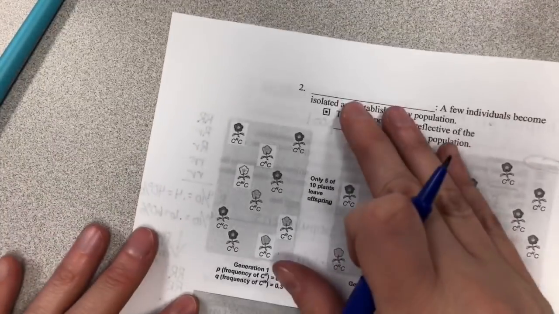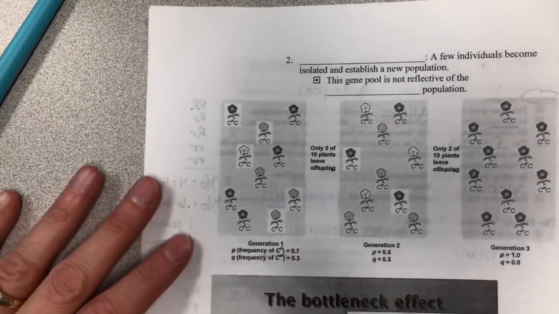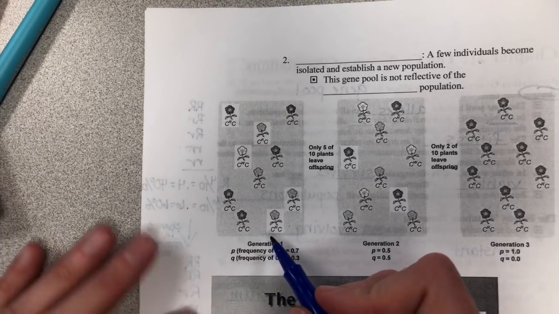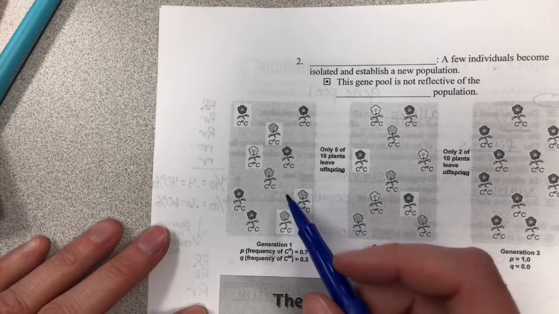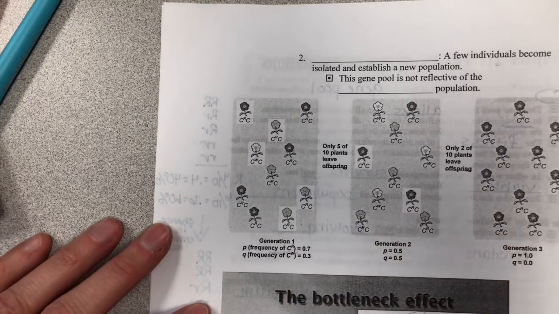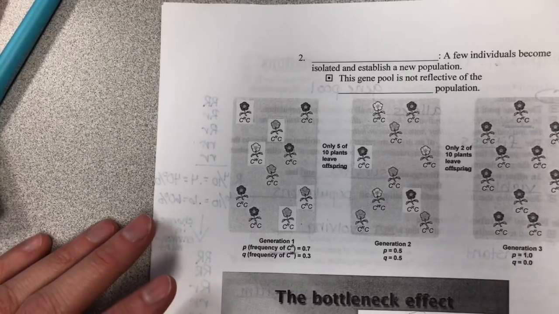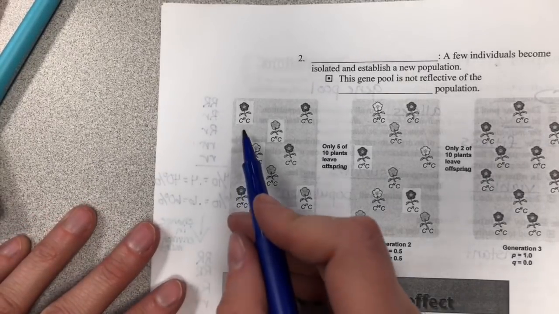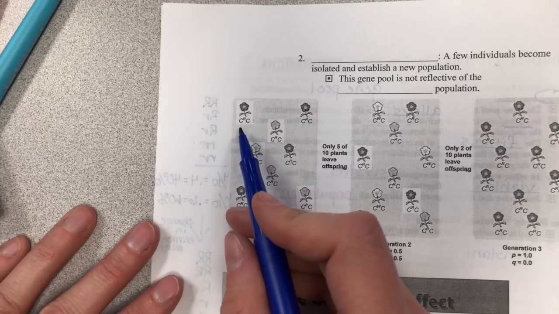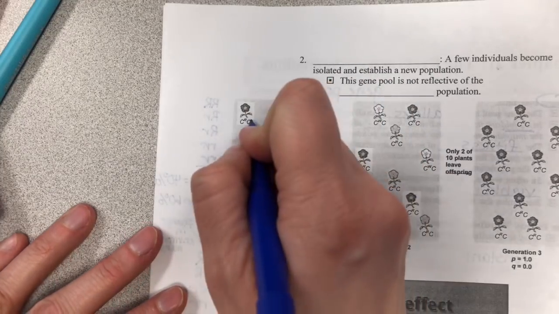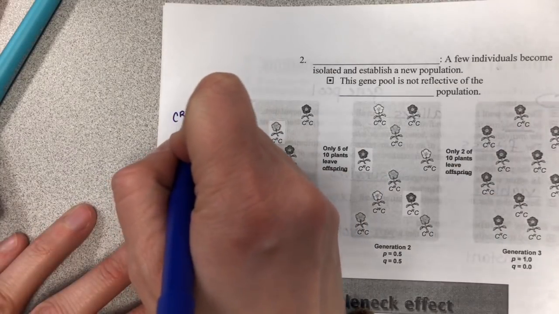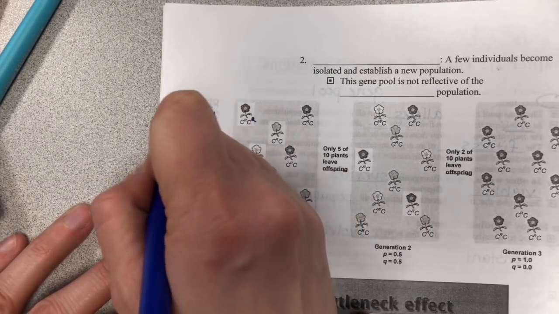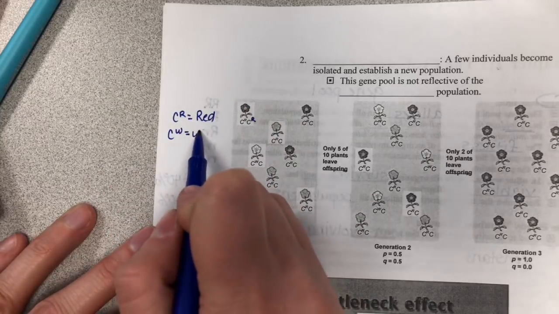If we turn this over, before we talk about this, let's look at these flowers here. Here's your original population of flowers, and this shows incomplete dominance. Each flower has 2 genes that determine the color. This is supposed to be CR, where CR is red, and CW is white.